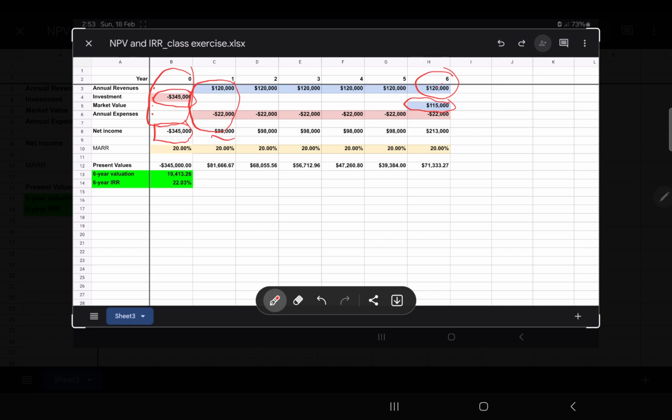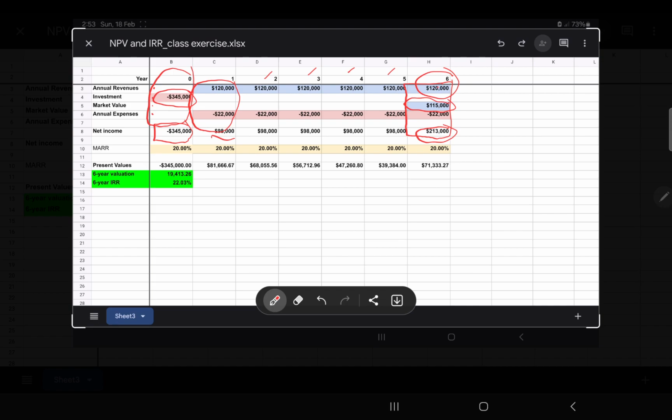The same is true with year 2, year 3, year 4, year 5. For year 6, your net income will be the algebraic sum of these entries: 120 plus 115 minus 22, which equals 213,000.